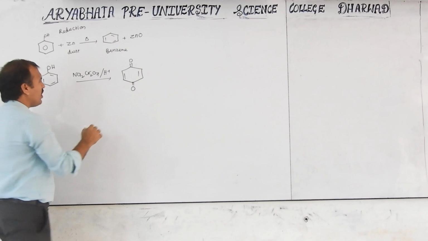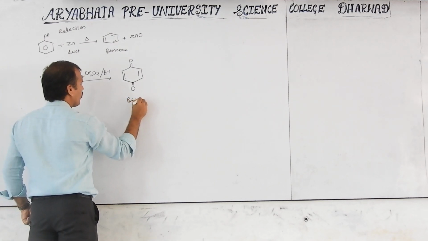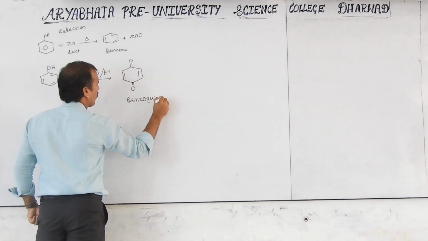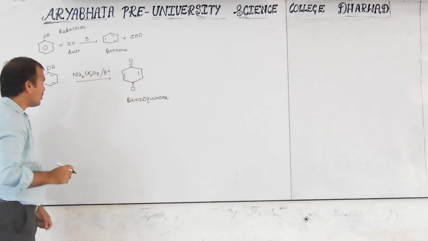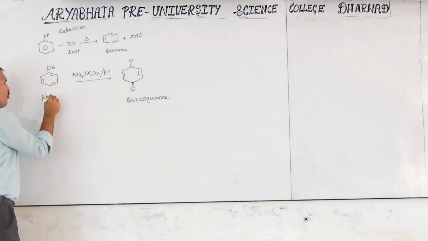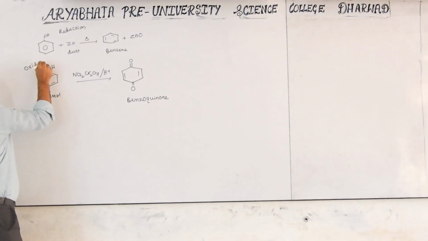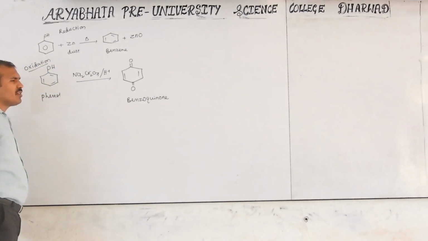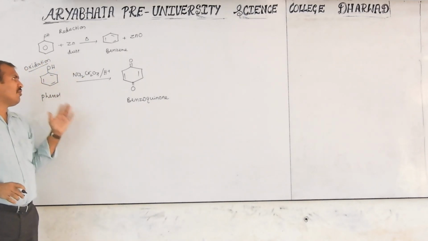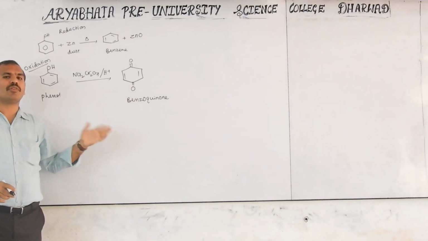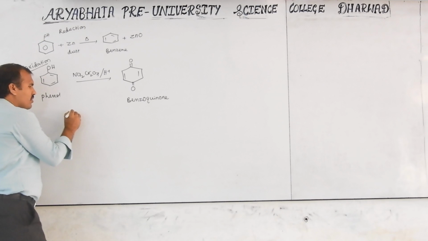This is called benzoquinone. This is a phenol. This is an oxidation reaction. I think this is asked 2-3 times in the PUC exam. Phenol reacts with Na2Cr2O7 in acidic medium. What is the product formed? Benzoquinone is formed. One more reaction is also there, like this.